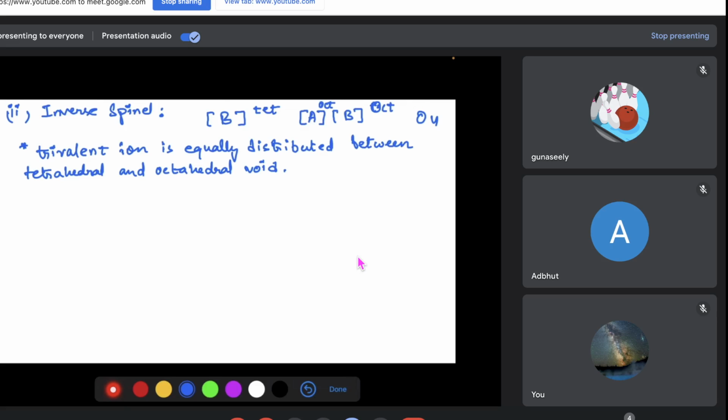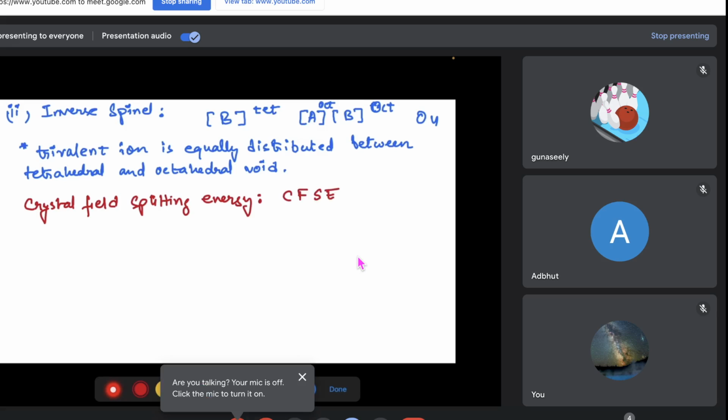So to distinguish between these two, to identify the spinel, we take the help of crystal field splitting energy, that is CFSE.